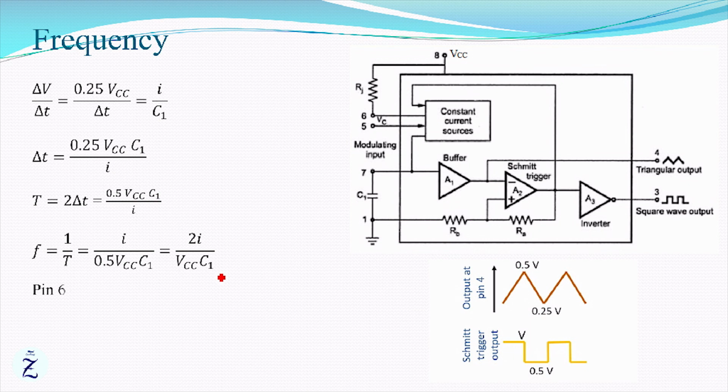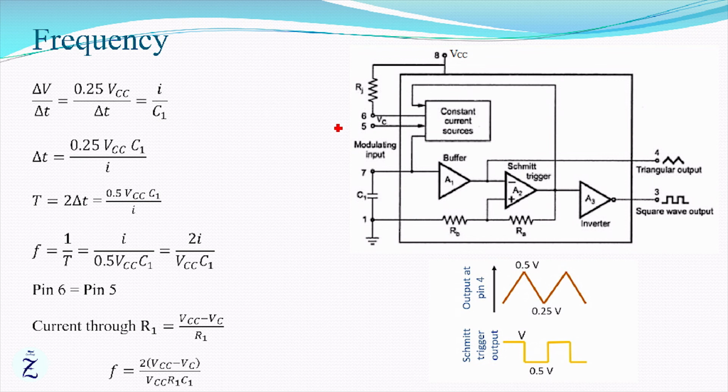Here the voltage at this pin number 6 is the same as the control voltage at pin number 5 due to the internal circuit setup. Hence the current through this resistance R1, that is I, is equal to VCC minus VC divided by R1.